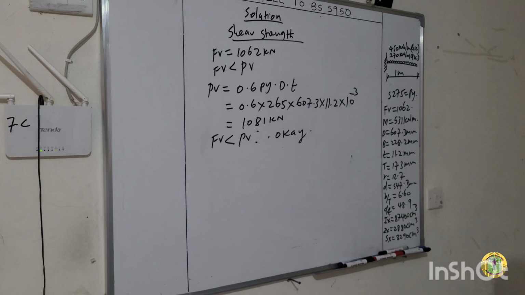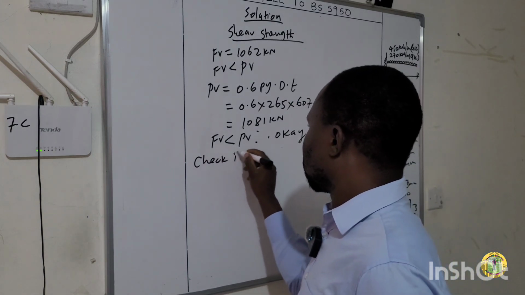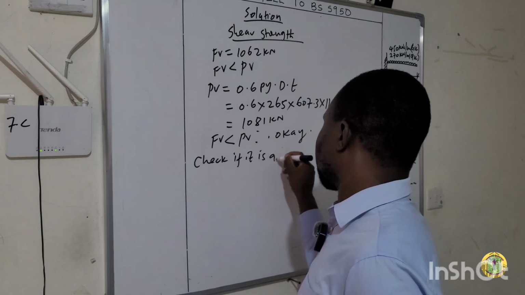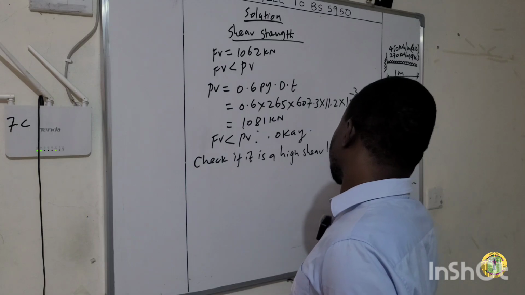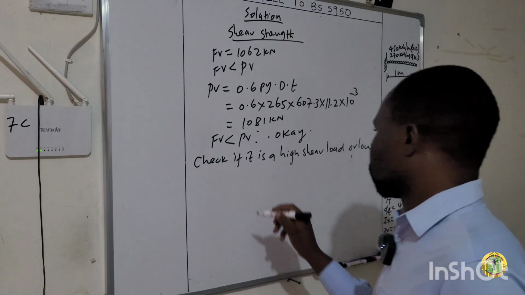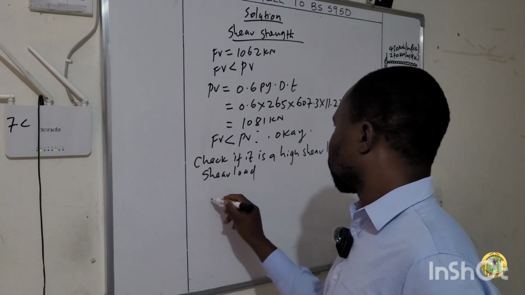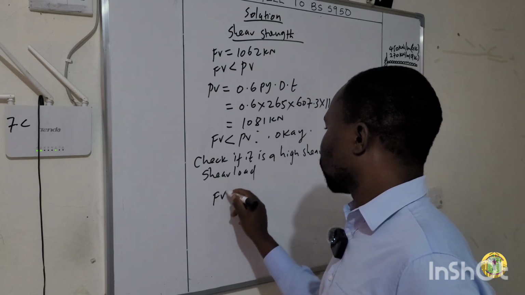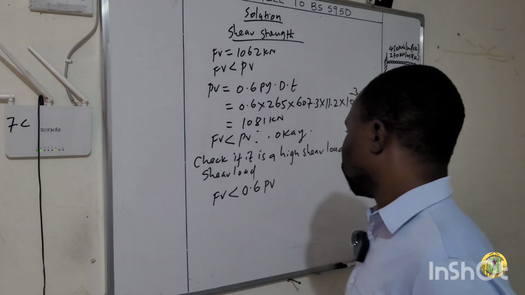Okay. Let's now check if it is a low shear load or a high shear load. For a low shear load, FV must be less than 0.6 PV.